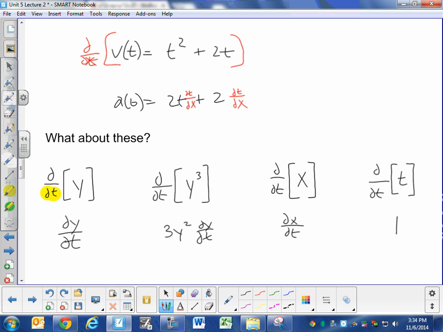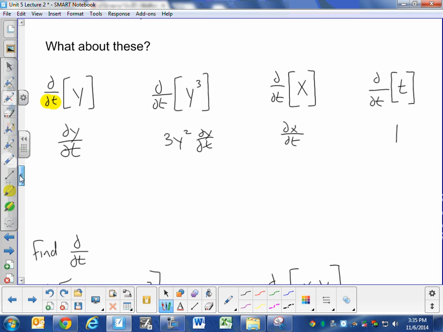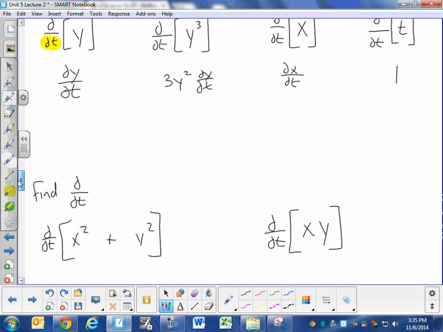Okay, but we don't want to do that. It doesn't really mean anything, the instantaneous change of time over the instantaneous change of x. What we're doing, d dt, is finding the instantaneous change of something with respect to time, or seeing how something is changing at a specific moment in time, which is why we use this equation and this equation. We found the velocity at a specific moment in time. You find the instantaneous change of velocity at a specific moment. You find the acceleration of an object. So that's what we're going to do.